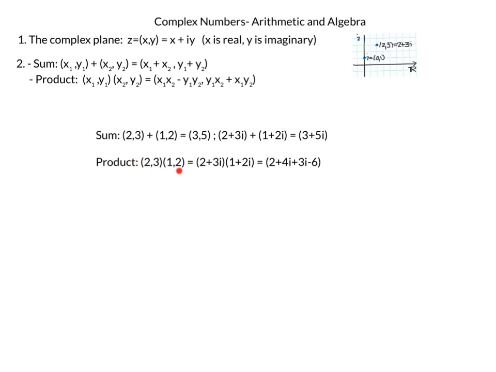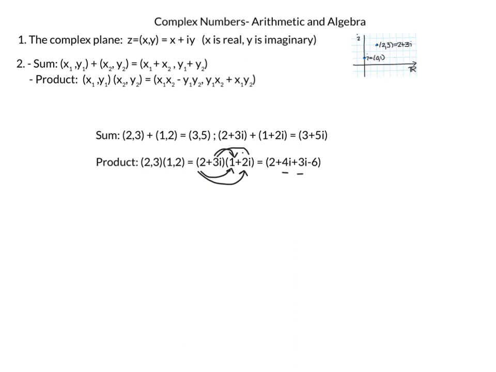Similarly, for the product, we think of expanding the 2, 3 into 2 plus 3i and the 1, 2 into 1 plus 2i. And now we just use our normal multiplication of two polynomials. 2 times 1 is equal to 2. 2 times 2i is equal to 4i. 3i times 1 is equal to 3i.